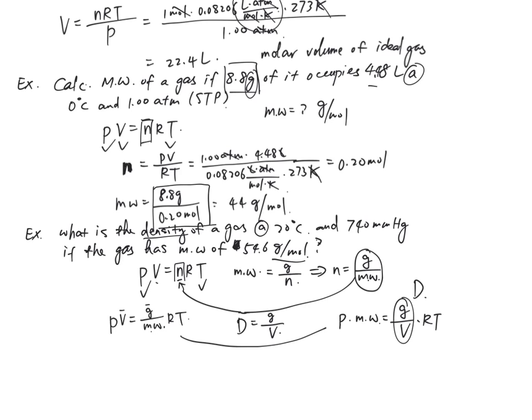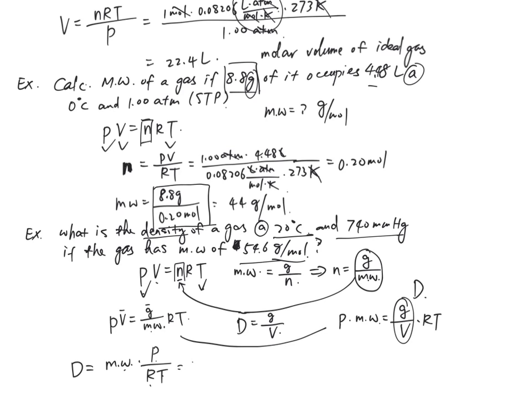Then rearrange it, and you end up getting the equation: density equals molecular weight times P over RT. Now, do we have all these? I have P, I have T, I have molecular weight, and I have R.